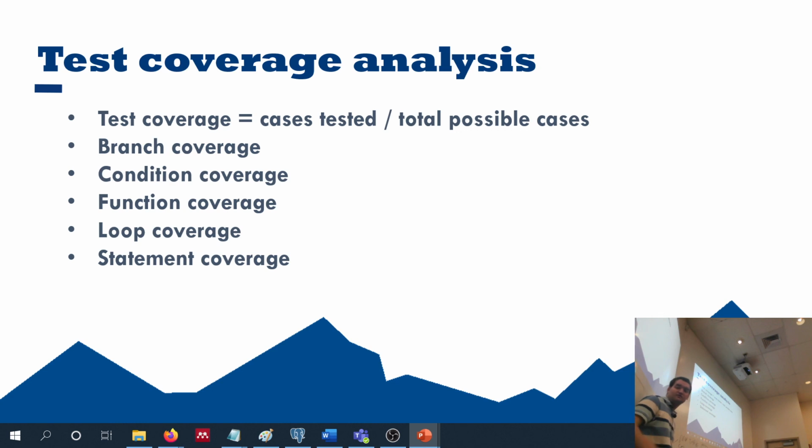For instance, if I had a condition, let's say i greater than 0, you test stuff like that. Look at the different functions within the code. It's probably going to have a bunch of functions, so you review all of them. Look at the loops, we talked about reviewing loops. And statements. These are all things you would consider.